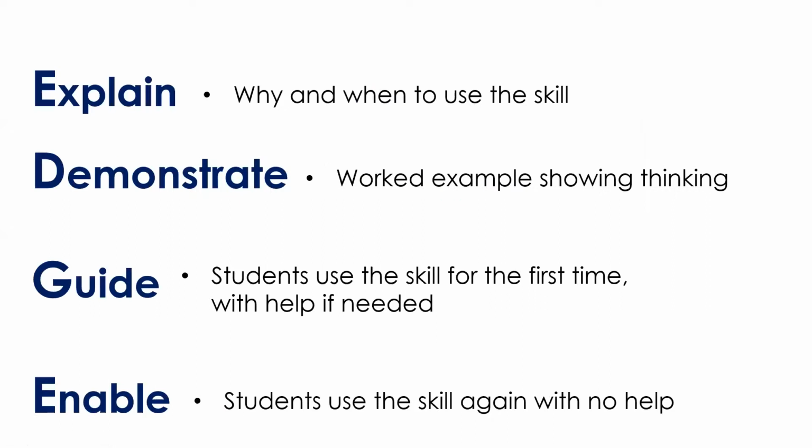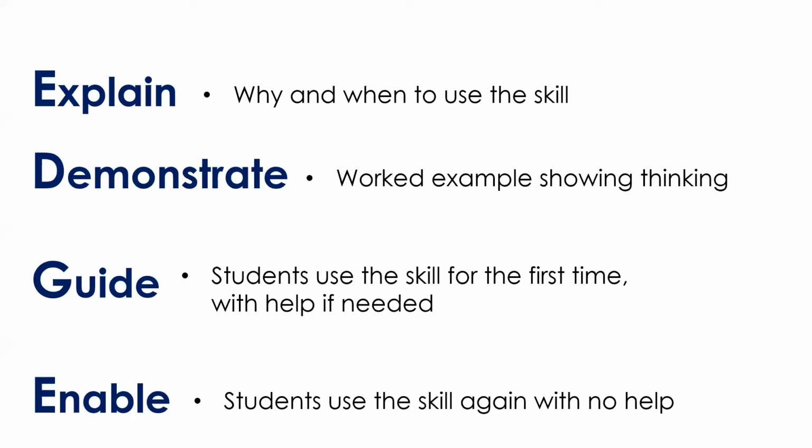So how actually are we going to teach this? So I said we were going to teach about experimental limitations. How actually are you going to do this in the lesson? Well, we think that using this method called EDGE is a really good way of teaching students skills, and it's a series of steps.